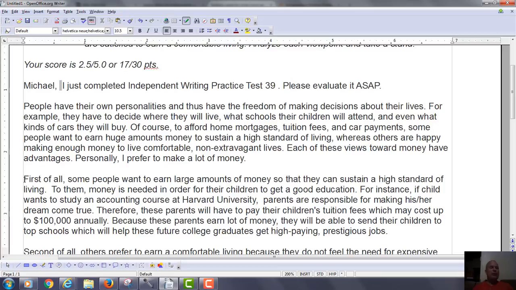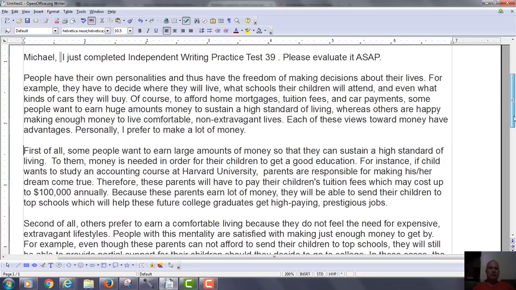First of all, some people want to earn large amounts of money so that they can sustain a high standard of living. To them, money is needed in order for their children to get a good education.